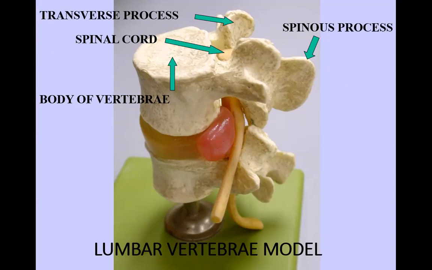It's about as big as your finger at this point, and runs through its own protected canal, the vertebral foramen. And the nerves, this is a nerve here on the side, come in through the intervertebral foramens that form as these vertebrae come together. Okay.